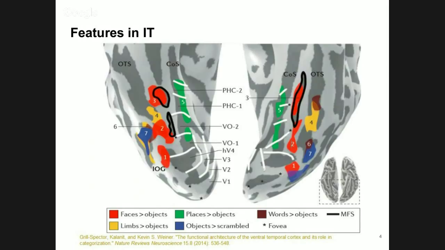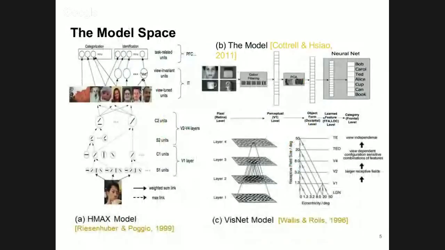But actually, people have very little understanding of what the intermediate features between V1 and IT are. So people build a lot of neurocomputational models. They basically want to explain what happens in between, and they want the models to also be good at object recognition.